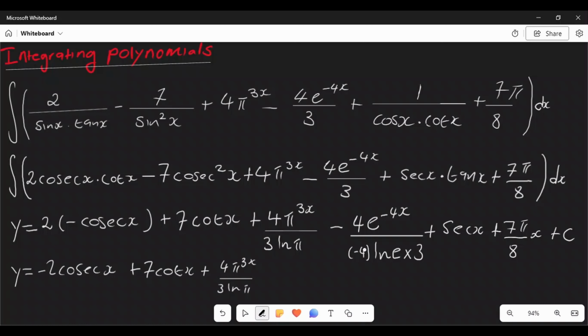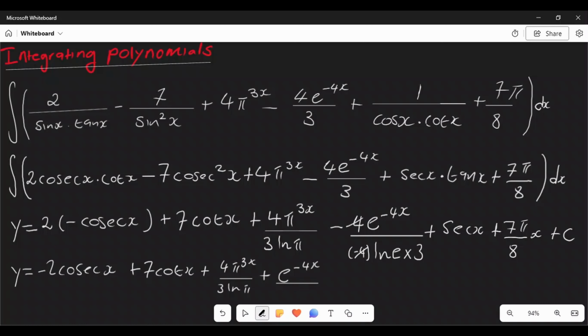There we go. This one here, there's simplification that we need to do. First of all, negative and negative is going to become positive, and then we have 4 divided by 4, which is 1. So in the numerator we're left with e to the power of -4x divided by, now let's look at this. We have natural log e. Natural log e, guys, is always 1. If you put this on the calculator, you'll get 1.